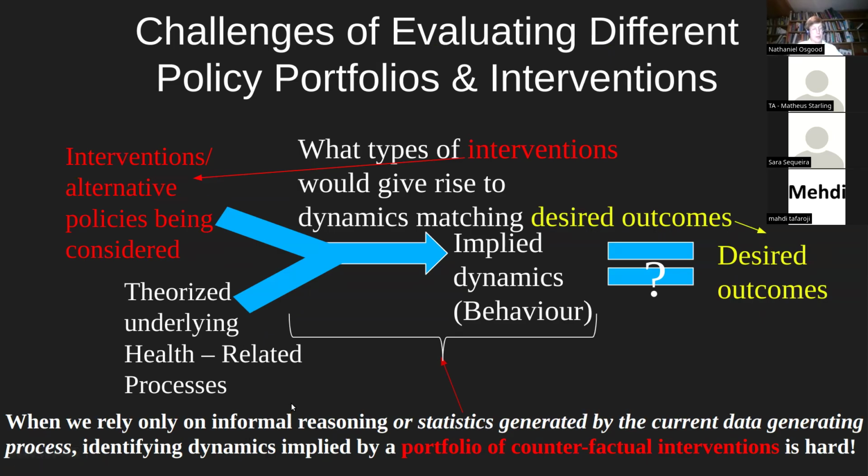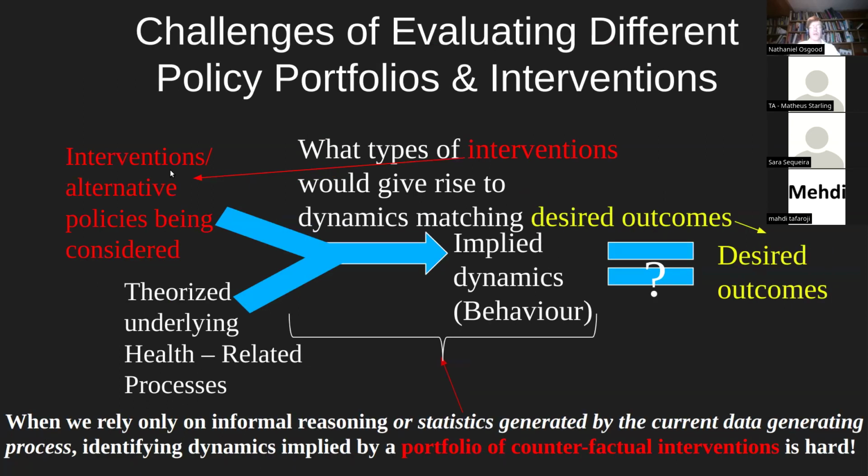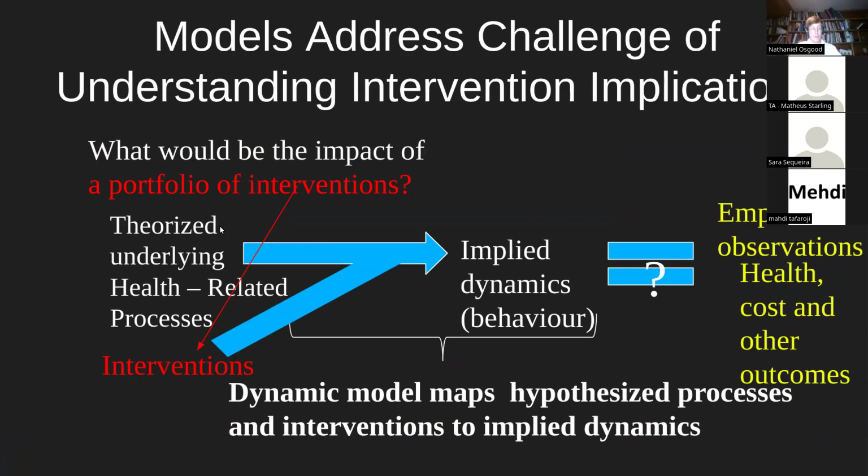If we're just relying on informal reasoning, often we're shooting in the dark. We have this mental model that's very partial. We can't really reason through how that leads to implied behavior anyway. And now we're trying to reason about the effects of interventions. Just bound to get confused. Here, we can take a model and systematically examine effects of interventions.